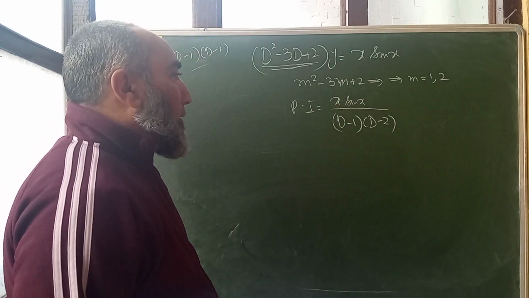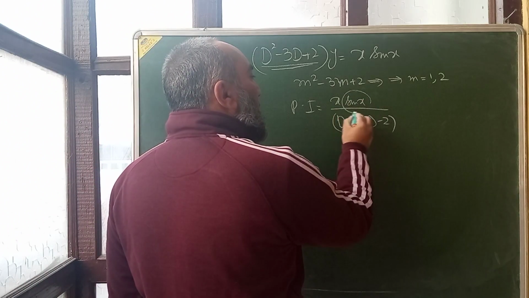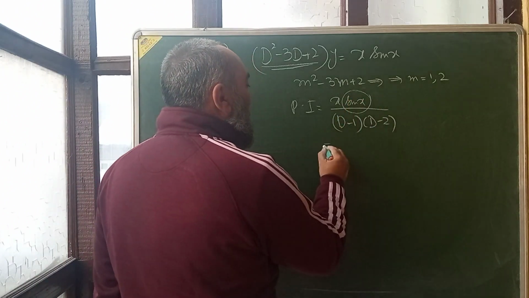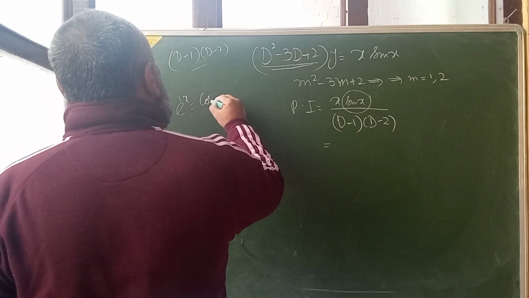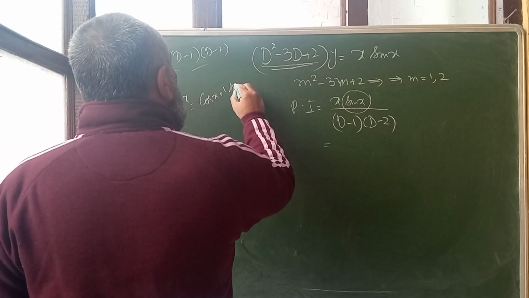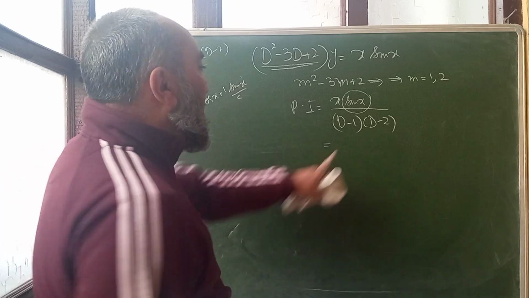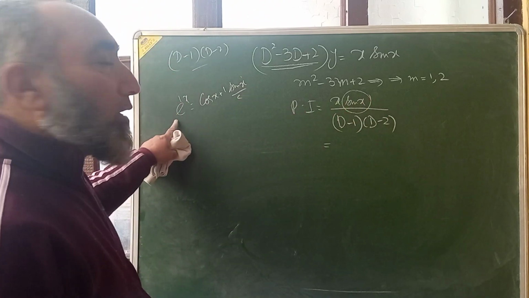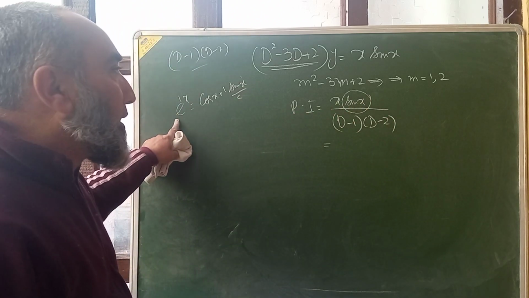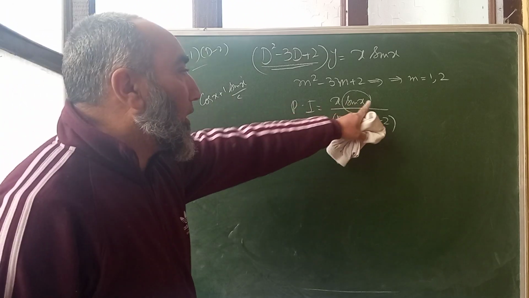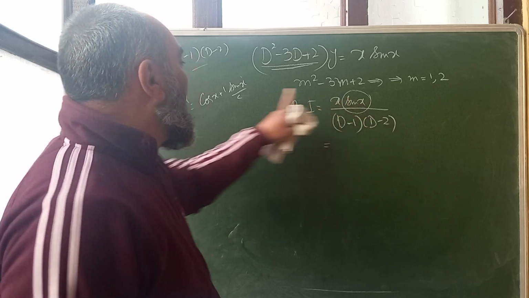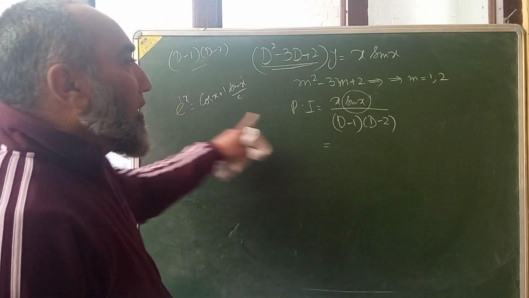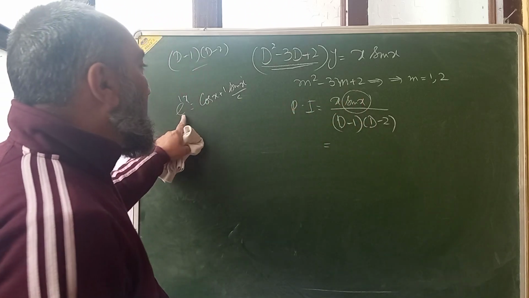Now what is the procedure? Whether you have sine or cos, you know e raised to the power ix is cos x plus i sine x. So if you have sine x over here, you will take the imaginary part of e raised to the power ix. If you have cos x, you will take the real part. If it is sine 2x, e raised to the power i2x. If it is sine 3x, e raised to the power i3x.